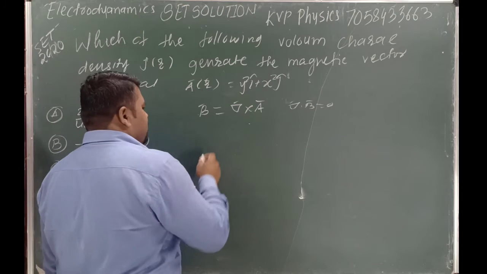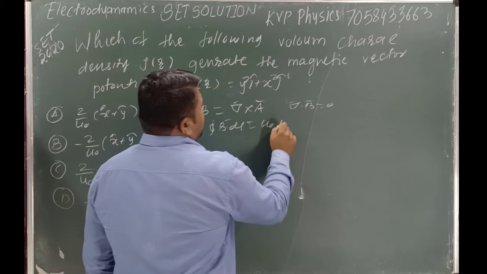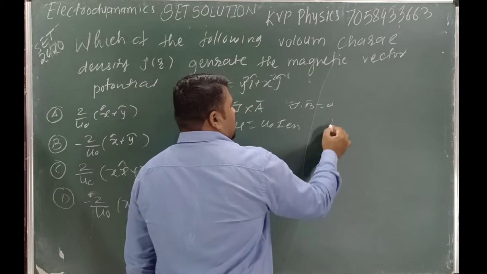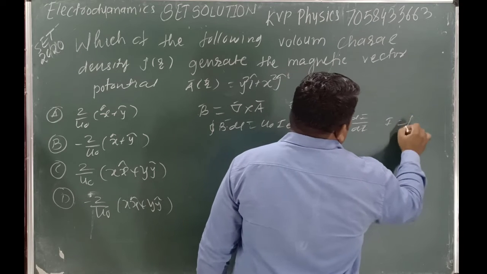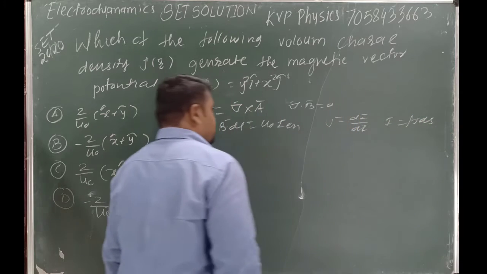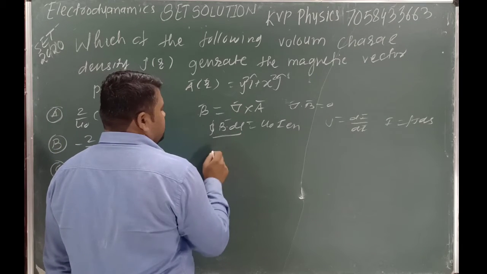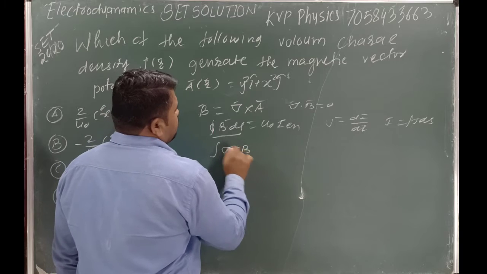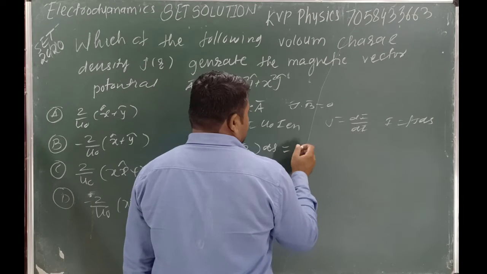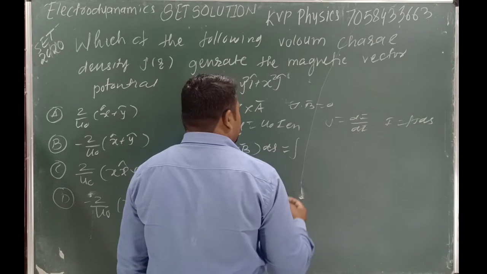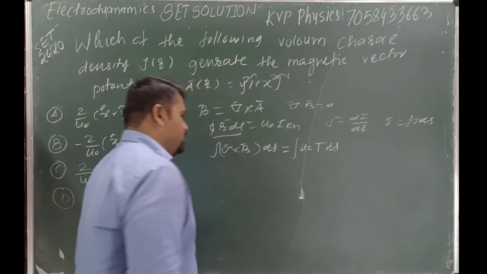We know Ampere's law: closed integral B bar dot dl bar is equal to mu naught I enclosed, and J is equal to dI upon dS, which means I is equal to integration J dS. Using Stokes theorem, the integration of del bar cross B bar dS is equal to the integration of mu naught J dS.